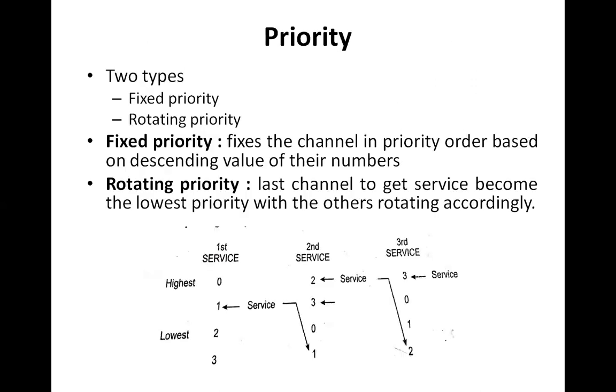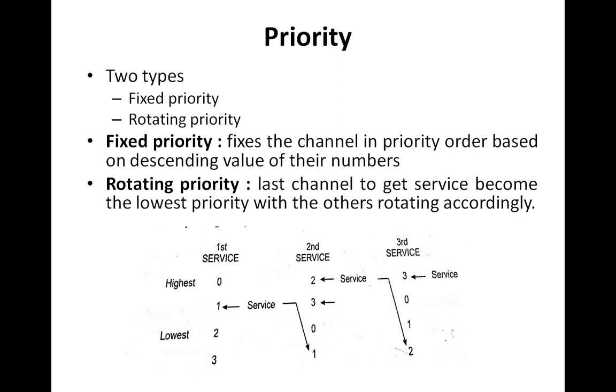Then we have priority. The 8237 DMA controller has two types of priority encoding, which are available as instruction selectable options. The first one is the fixed priority, and the second one is the rotating priority. As far as the fixed priority is concerned, the priority of the individual channels is fixed. It is based either on ascending values or on descending values.